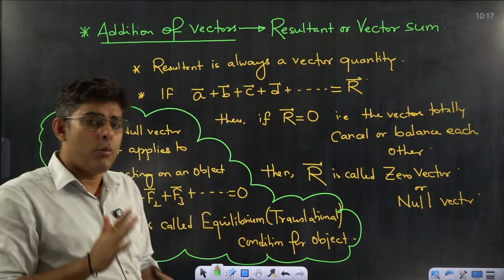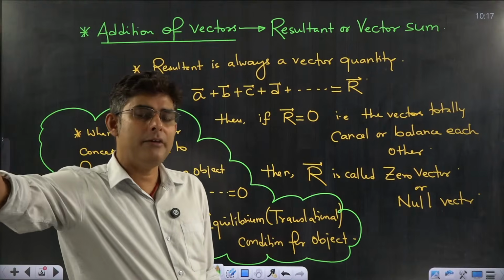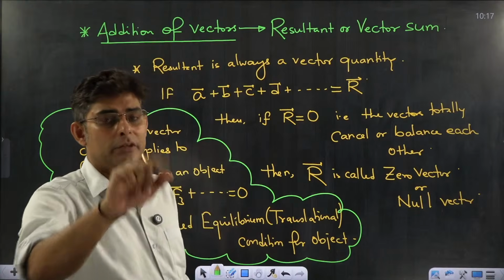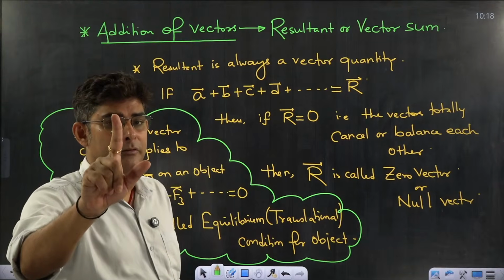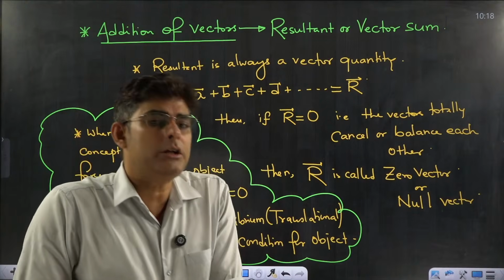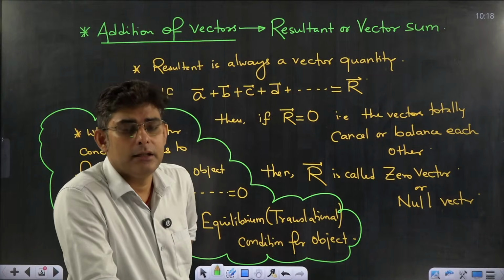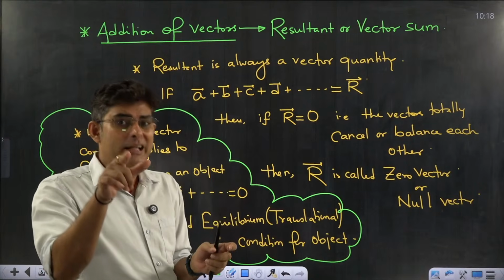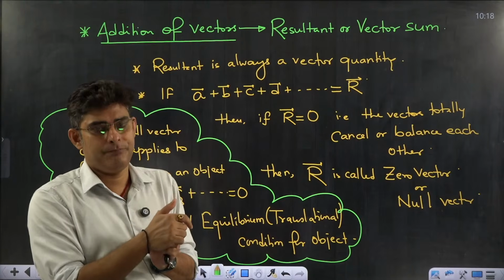So whatever path you choose to go from the first point to the other, you can have an infinite number of paths, but displacement will be only one. Distances will be as many, but displacement will be only one, which is the length of the straight line joining the initial and final point. So the important conclusion is that between two points, whatever path you follow, vectorially, displacement is a vector, mind it, all the paths are the same.